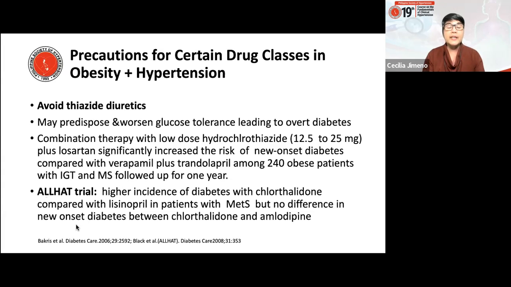In the ALLHAT trial, there's actually a higher incidence of diabetes when chlorthalidone, a thiazide diuretic, was used compared with lisinopril among patients with the metabolic syndrome. However, there was no difference in new onset diabetes between chlorthalidone and amlodipine among those who did not have metabolic syndrome.